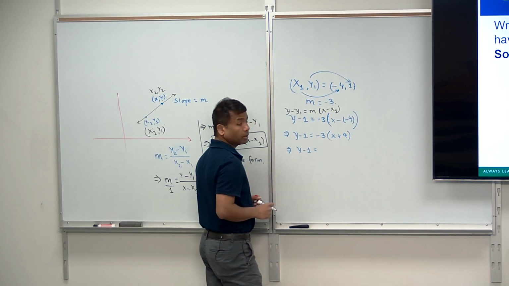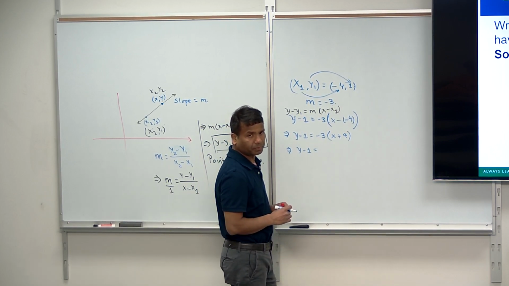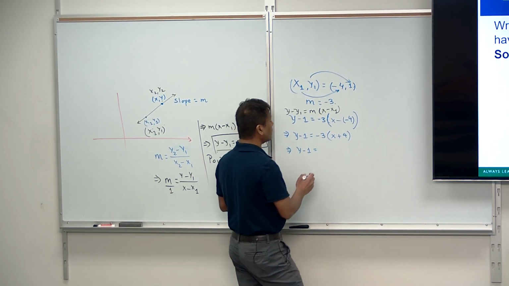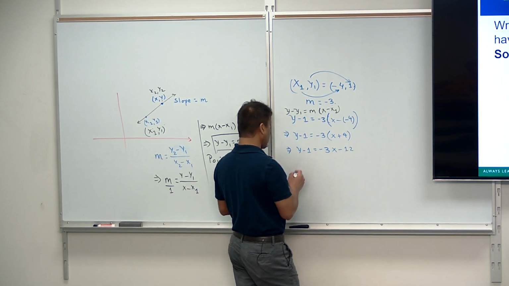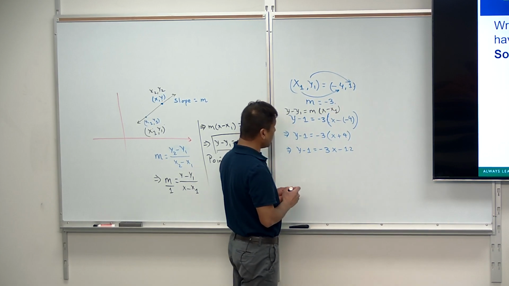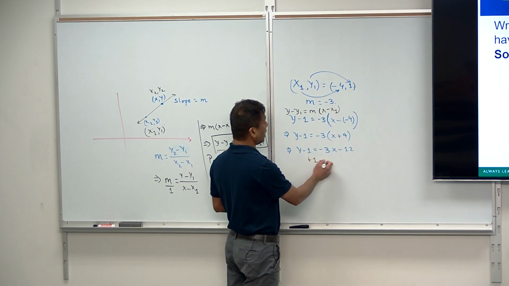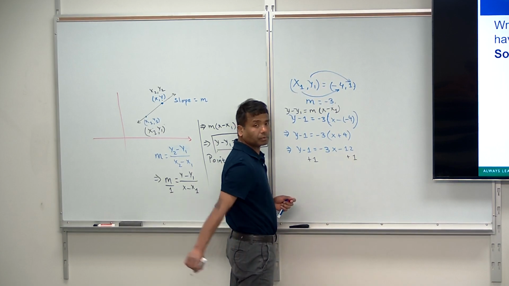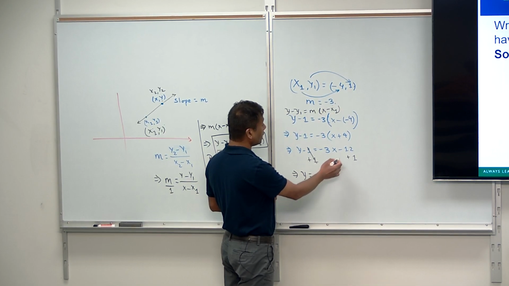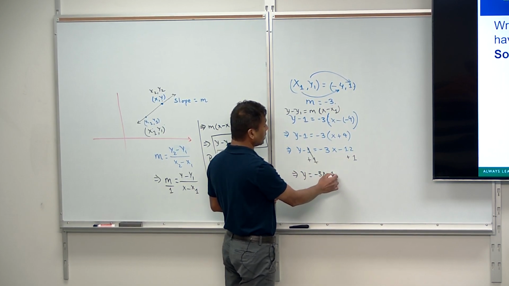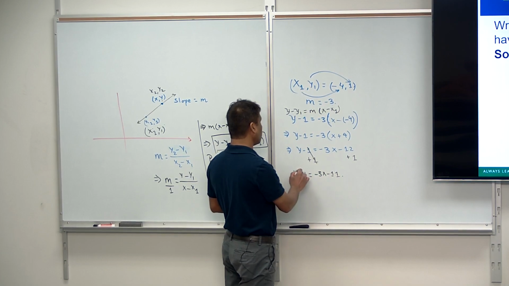You distribute this negative 3. So this is negative 3x minus 12, and you add 1 on both sides. So you cross them out. That will be y equal to negative 3x, negative 12 plus 1 is what? Negative 11.